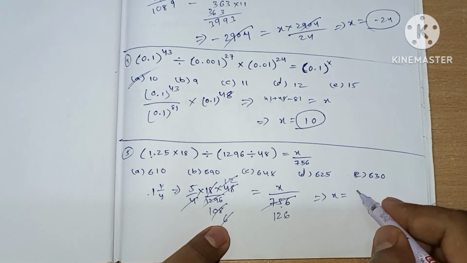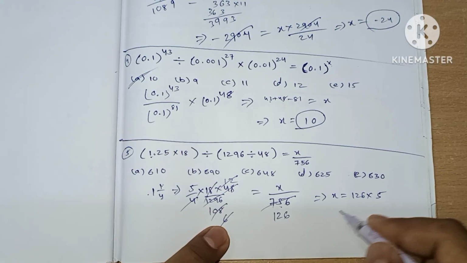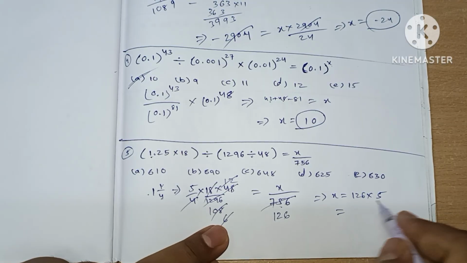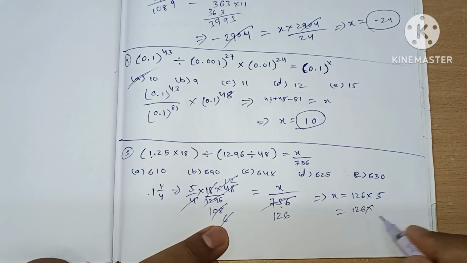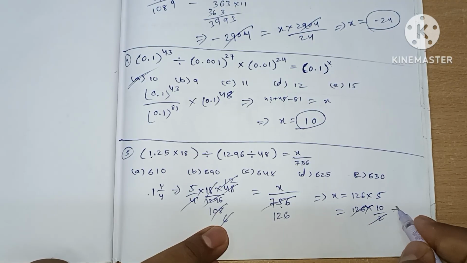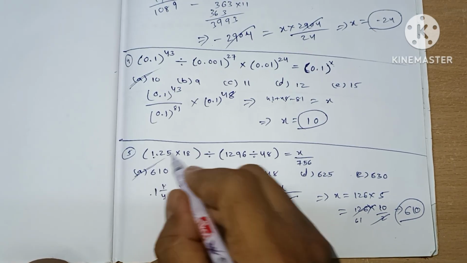Okay, 126 into 5, how we divide this, how we calculate this as 10 by 2. 2 6 times and 1 time into 10, which will be 610. So the answer will be 610. Option A is our answer.